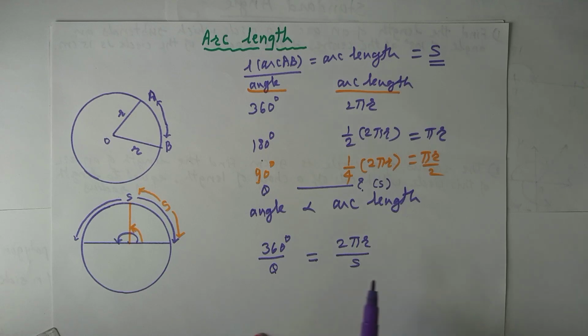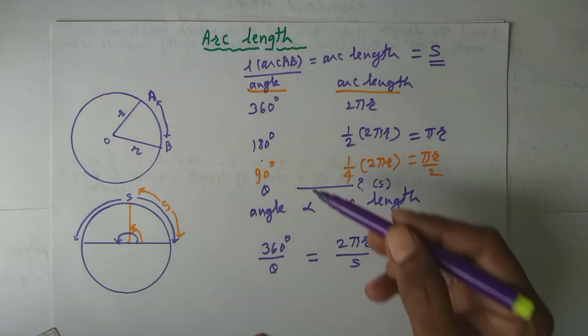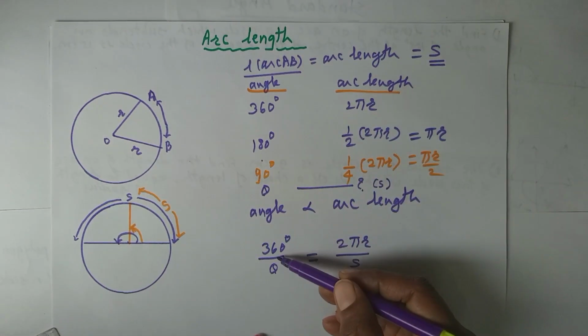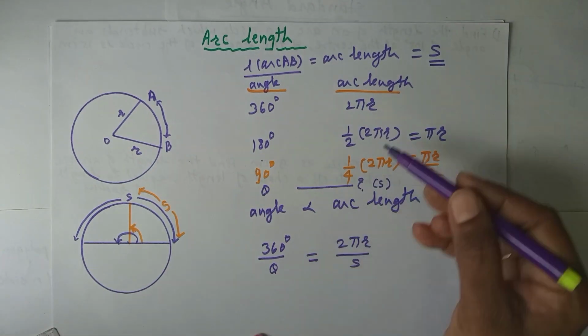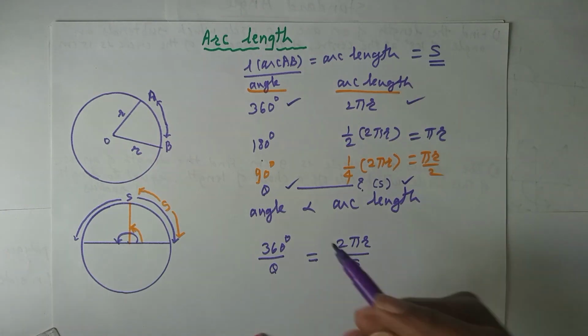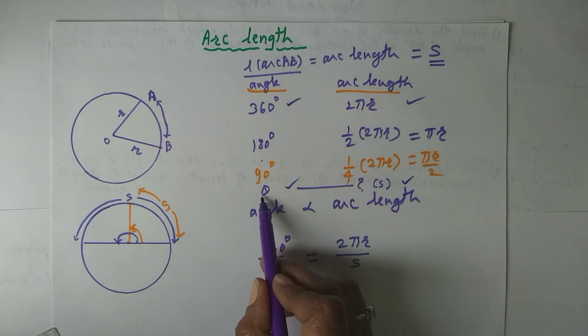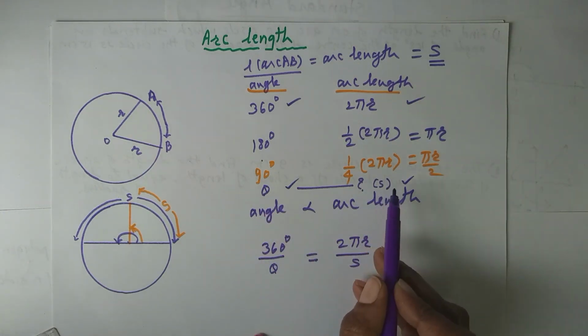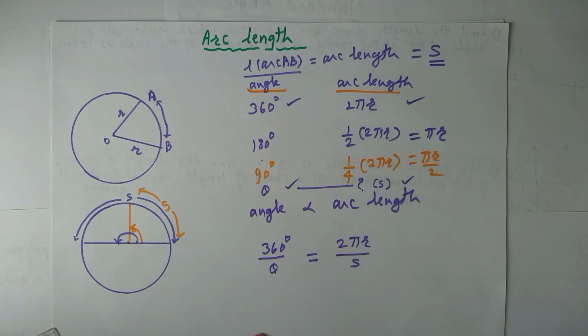As angle is directly proportional to arc length, I take the ratio of angles on the left hand side, 360 divided by theta, and 2 pi r divided by S. Because at the angle theta, I don't know what the arc length is. I am supposing that arc length as S.